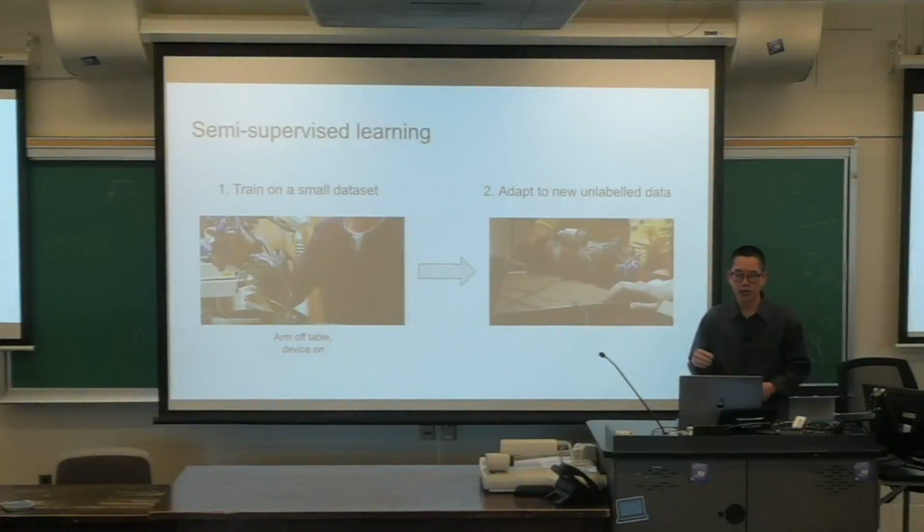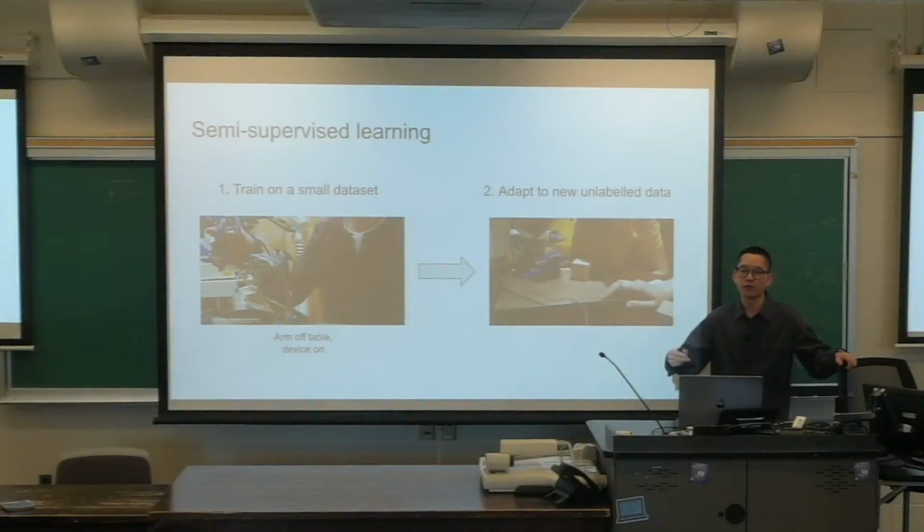Then we train an initial algorithm and load it on the device, and the patient starts using the device. As the patient uses the device, we expect the algorithm to update itself with the new unlabeled data that is collected. So that's the high-level idea.